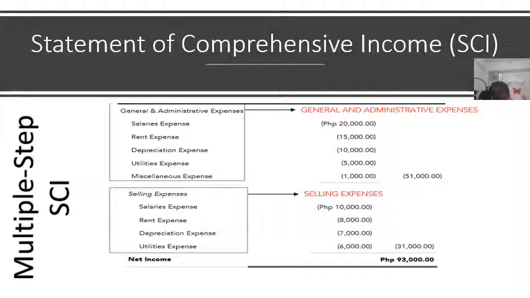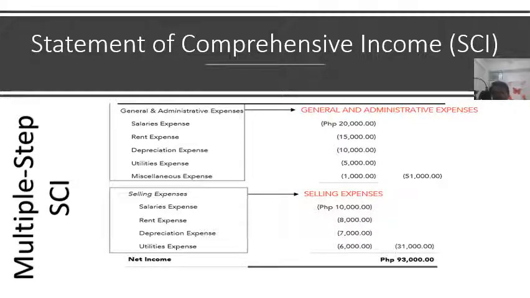Ano yung classification? Una, general and administrative expenses and selling expenses. So, unahin na lang natin yung sa selling expenses. Parang process of elimination. So, kung ano ang hindi mag-qualify sa selling expense, ibig sabihin, baka general and administrative expenses siya.